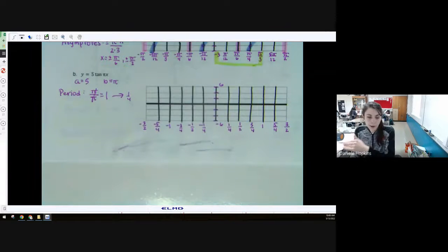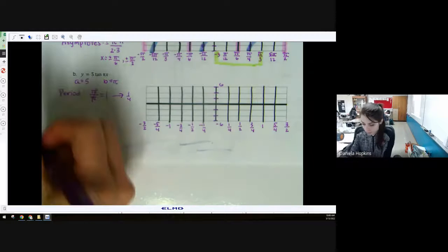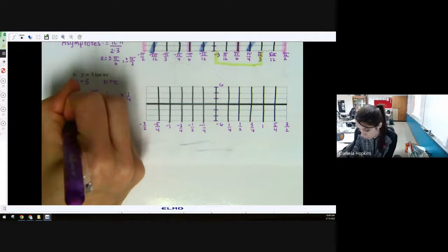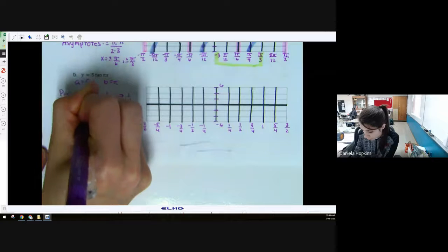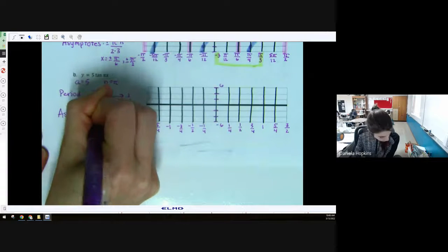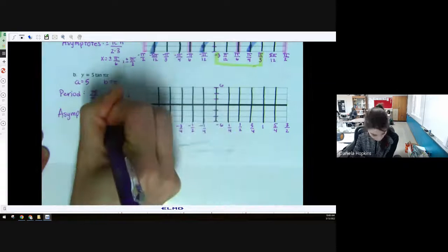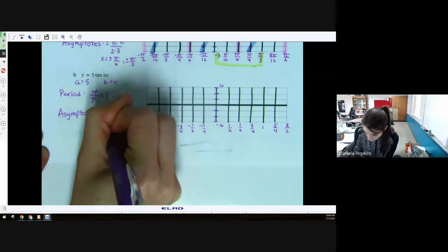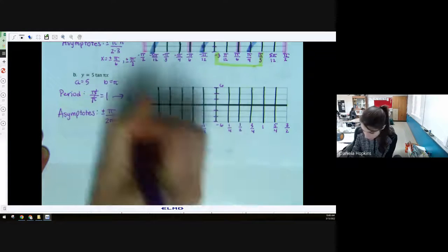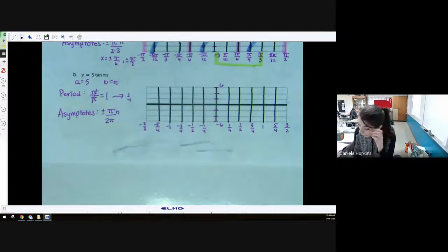So period, and that A lets us just label our X and Y axes, and then we find our asymptotes. The asymptotes are going to be plus or minus pi over 2 pi in this case, and then again times an n technically.